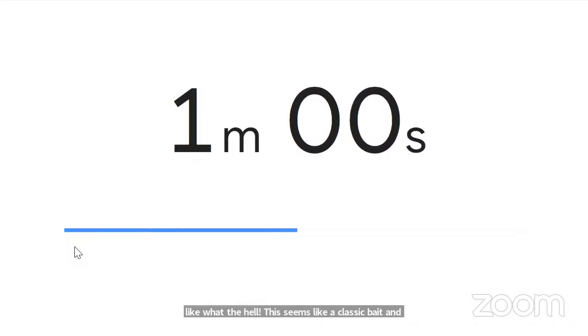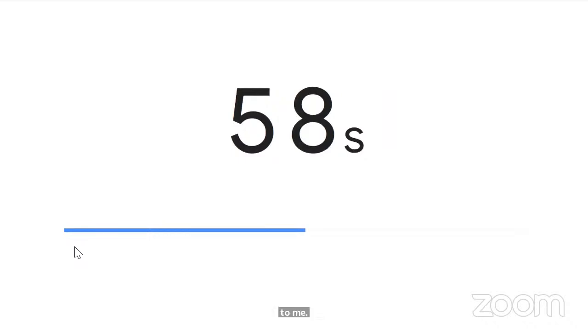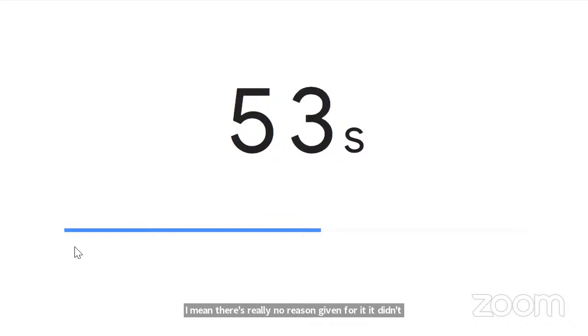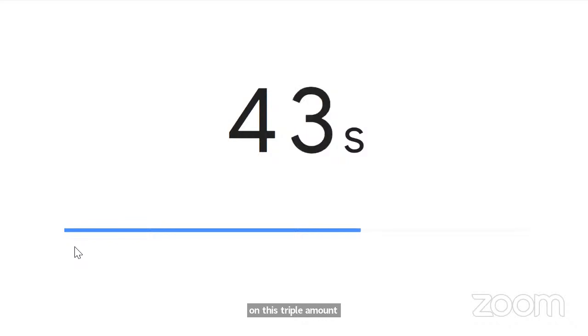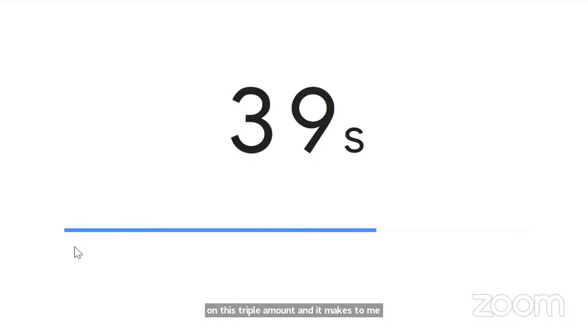There was really no reason given for it, and it didn't make any sense why the amount of the bond should be tripled. And none of the financials were based on this tripled amount, and it makes the whole point moot, because everything you have been told up to this time is totally altered.